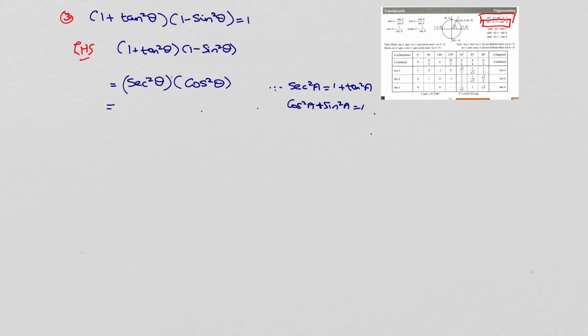And if we look over here on page 13, sec is equal to 1 over cos. So that means that sec squared is 1 over cos squared theta. And then cos squared goes into cos squared, which is equal to 1.